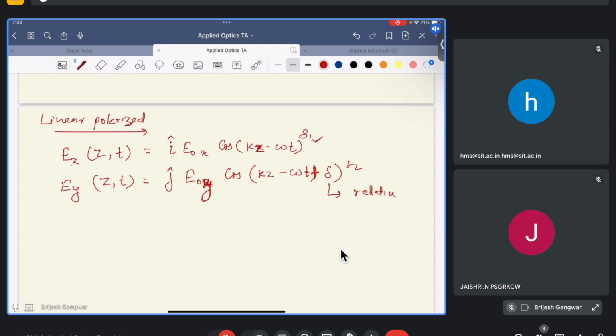But here I am considering the delta only in one equation, so delta 1 is 0 and delta 2 is delta, so the relative phase will be delta. So what is the difference between these waves, both of which are traveling in the z direction?